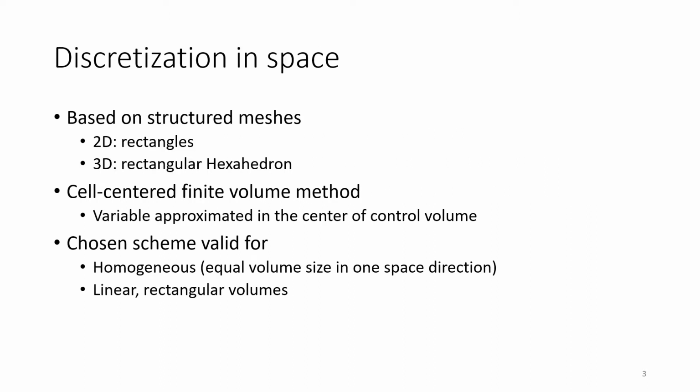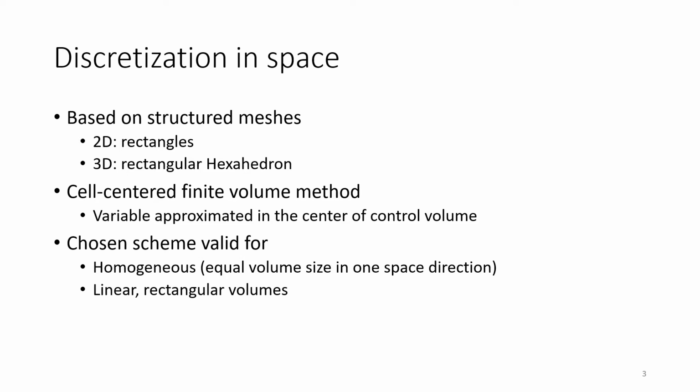So when we look at the discretization in space, the GRASS GIS groundwater flow module relies on structured meshes. In 2D, it's based on rectangles, and in 3D, it's based on rectangular hexahedrons, which is simply because the groundwater flow module in GRASS GIS makes use of raster maps. And well, raster maps are usually rectangles.